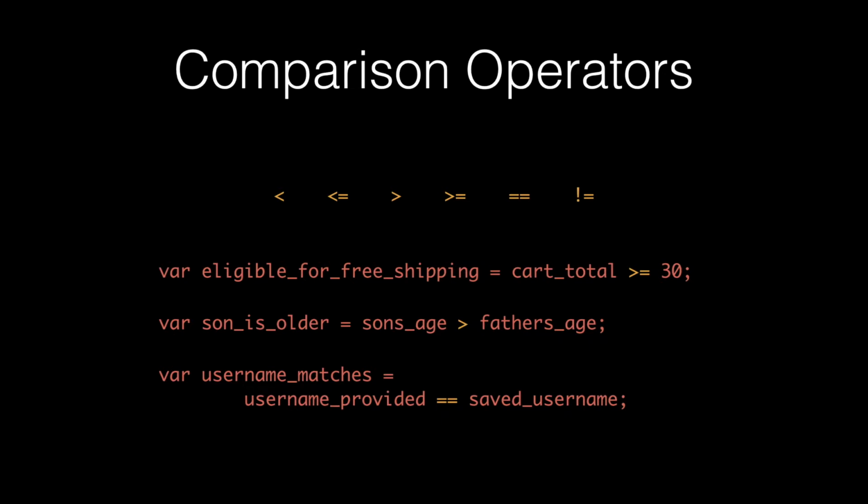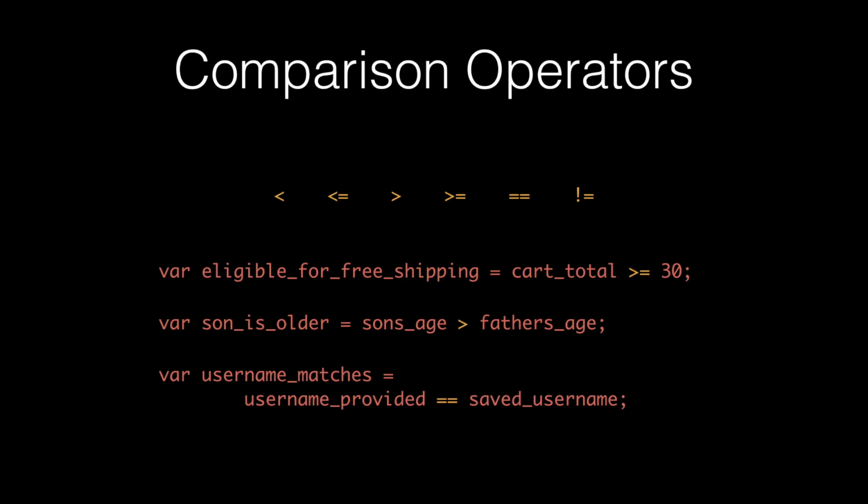Son is older. It's a really funny one, right? Is the son's age going to be greater than the father's age? Boy, that would be pretty strange if that was the case. So very likely that is going to reduce to false. Now here's a common situation. A username matches is assigned the result of the comparison between username provided and saved username.